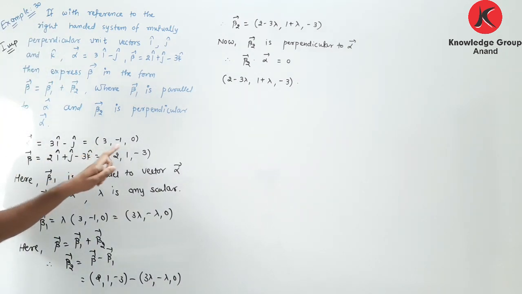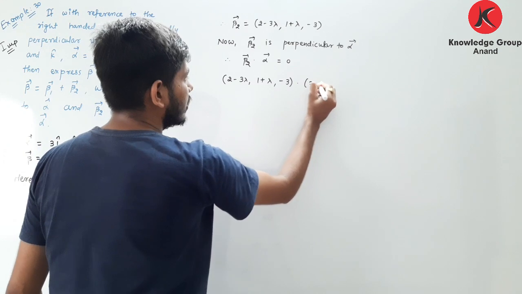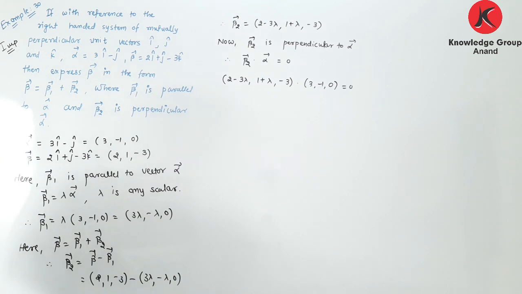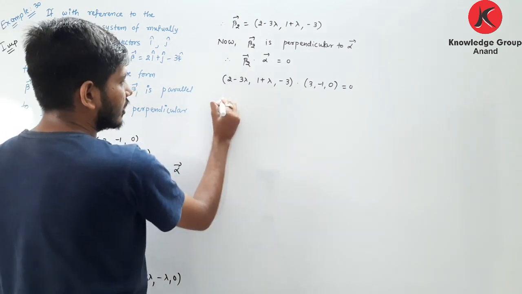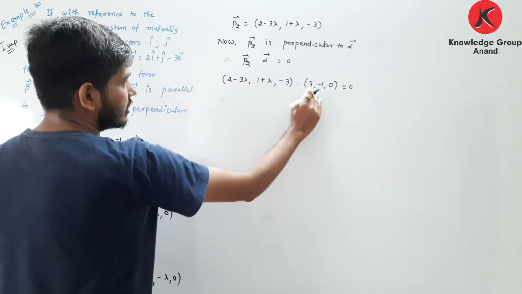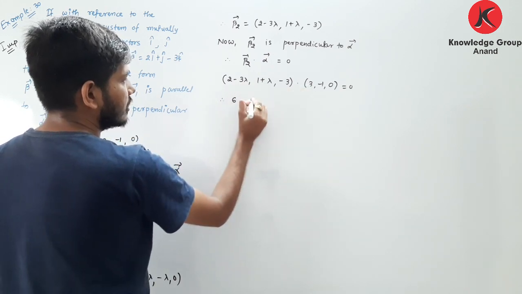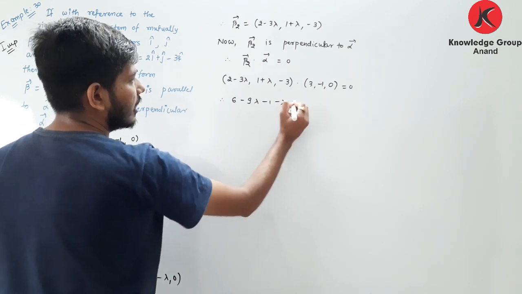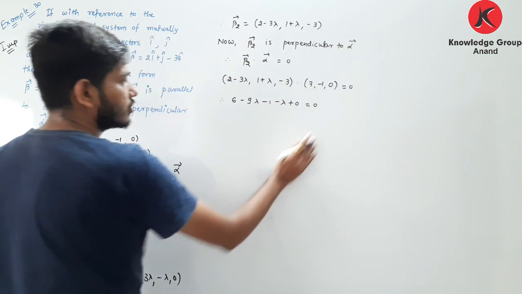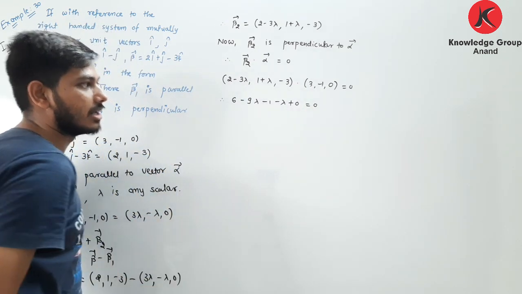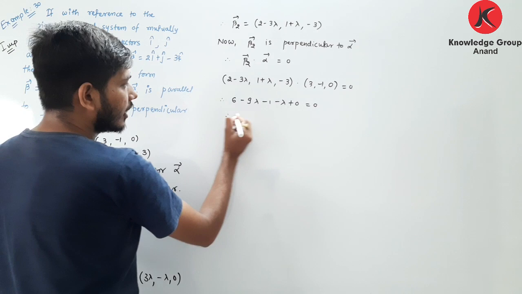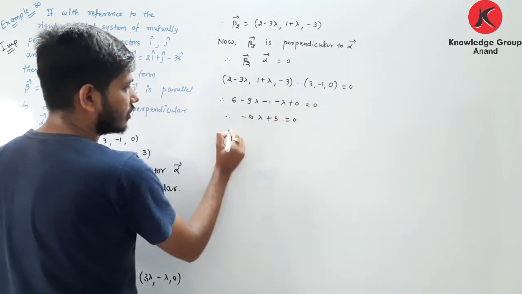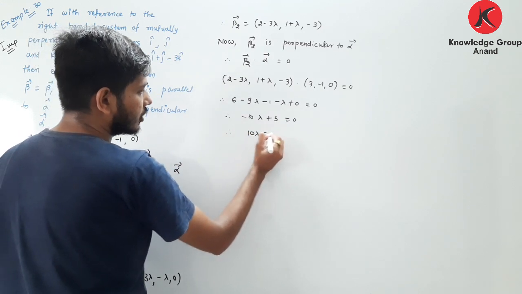Alpha vector is here: 3, minus 1, 0. This dot product, scalar product, equals 0 here. Now simplify this thing. We are getting 2 into 3 is 6, minus 3 into 3 is 9 lambda, minus 1 minus lambda plus 0 equals 0. That is 6 minus 9 lambda minus 1 minus lambda, which gives minus 10 lambda plus 5 equals 0. Therefore, we will get 10 lambda equals 5.